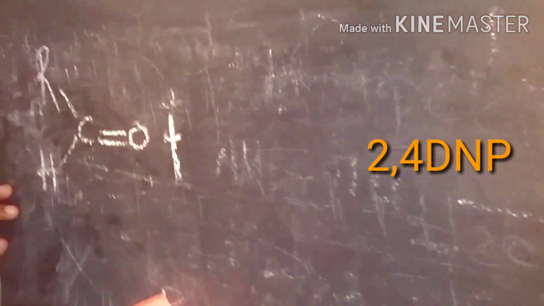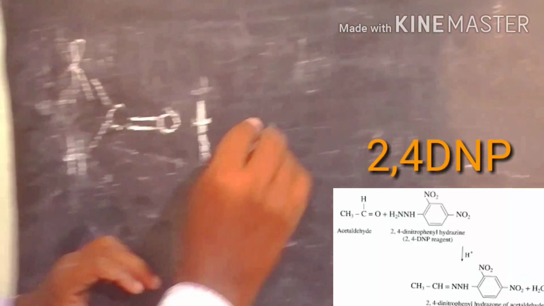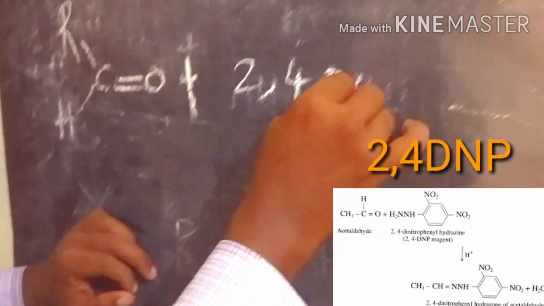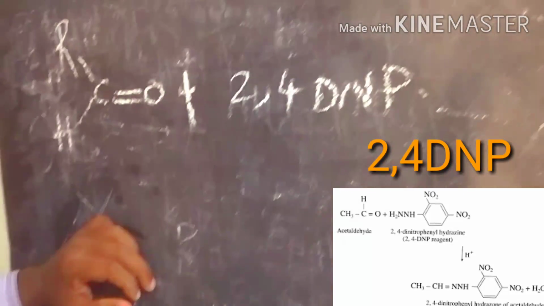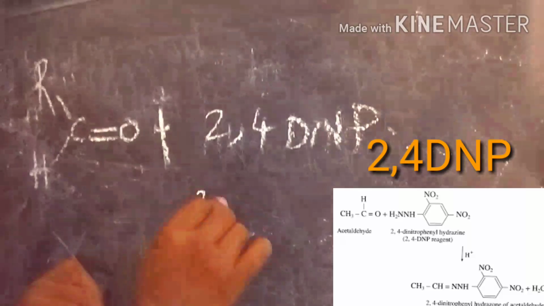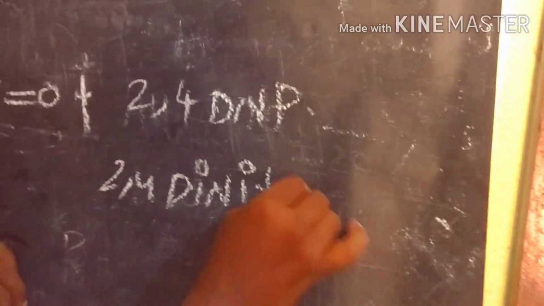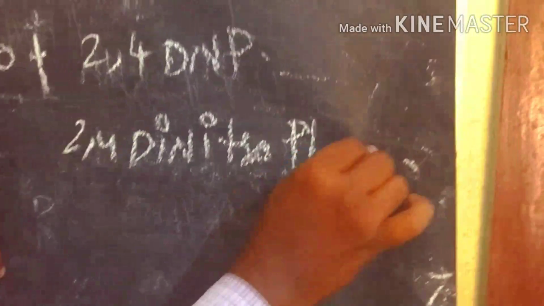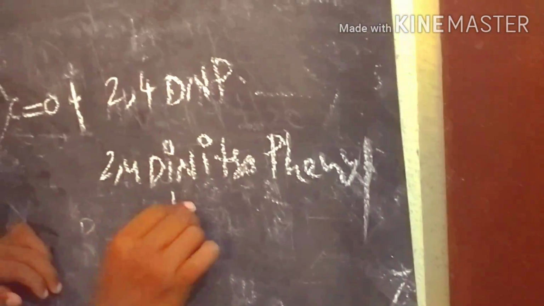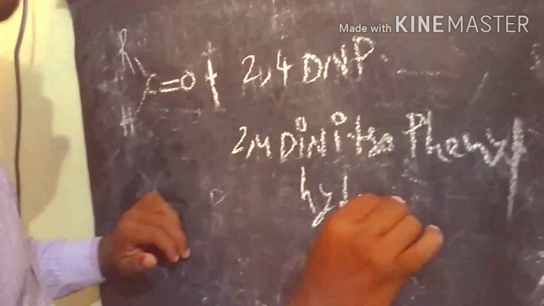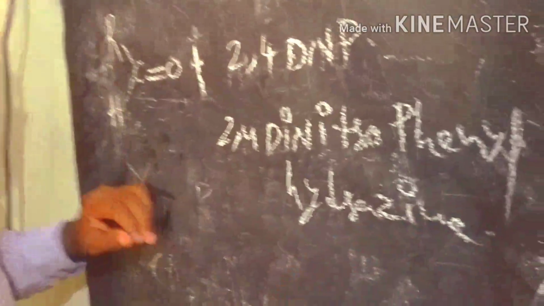The next one, the reaction with 2,4 DNP. What do we call 2,4 DNP? 2,4-dinitrophenylhydrazine, which we call 2,4 DNP as a short form.